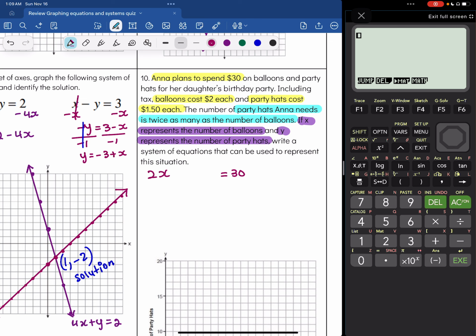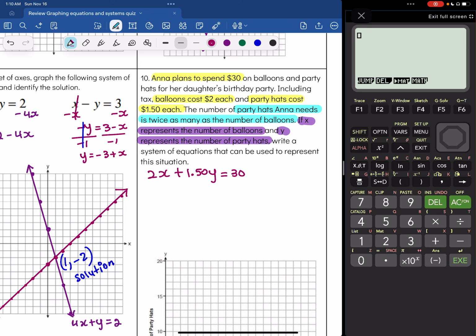And then the party hats cost $1.50 each, and we're using y to represent the party hats. So 1.50y, $1.50 for each y. So plus 1.50y. And that has to equal $30 because that's how much she's planning to spend.